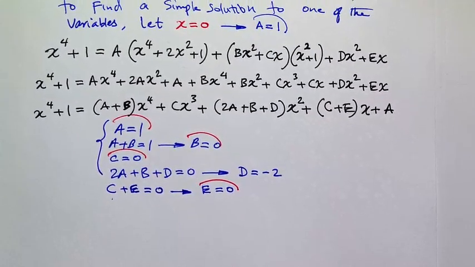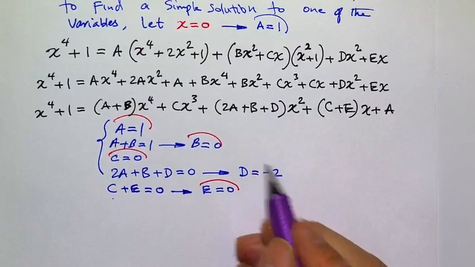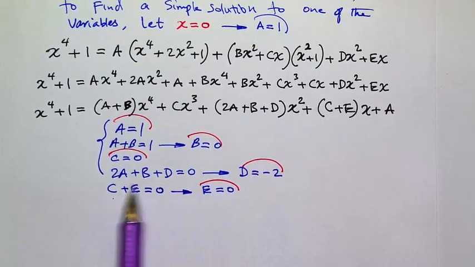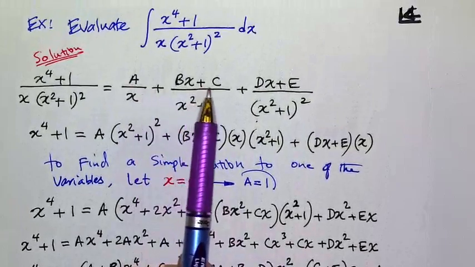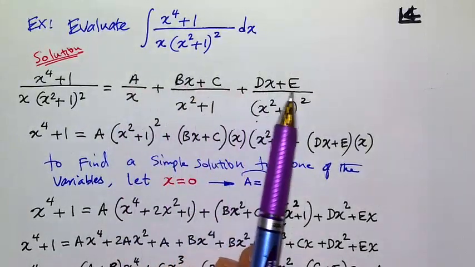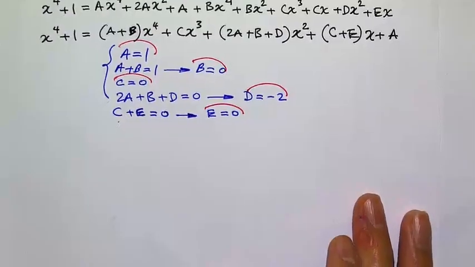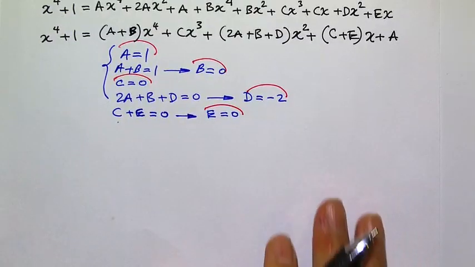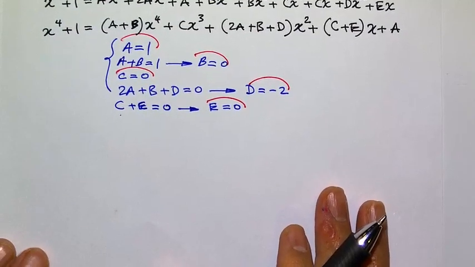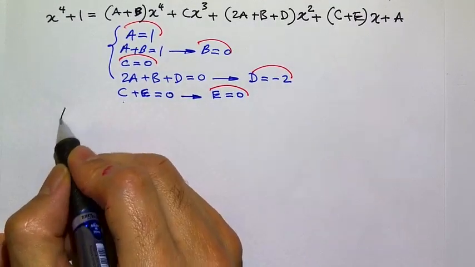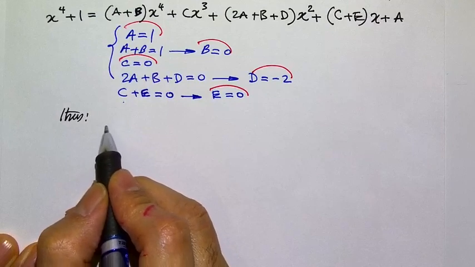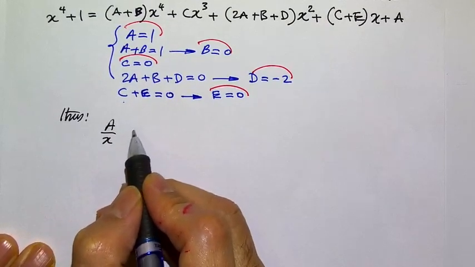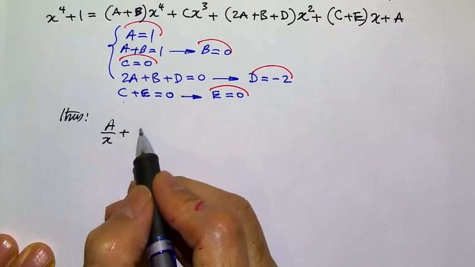Now we're going to go back with these five values, A, B, C, D, E, and replace them in here. So thus, with that in mind, we have A over X. I'm just going to write them down again here so it's on the screen.